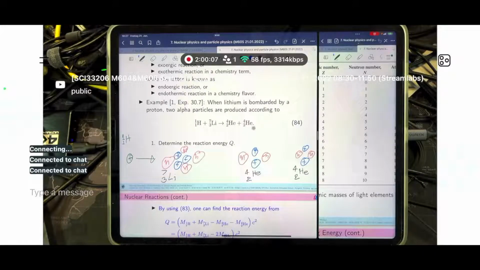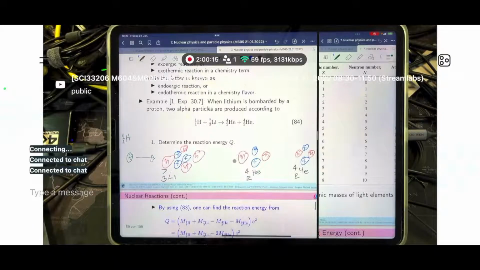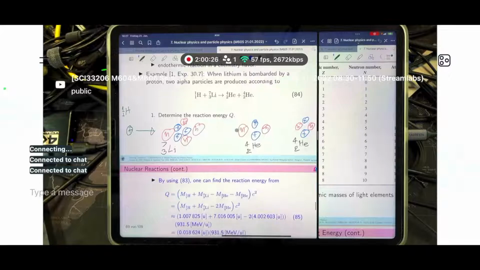According to this equation, determine the reaction energy Q. We need to find the mass difference, and then we convert the mass difference to the energy using the Albert Einstein relation E = mc squared, but we are going to use the letter Q.